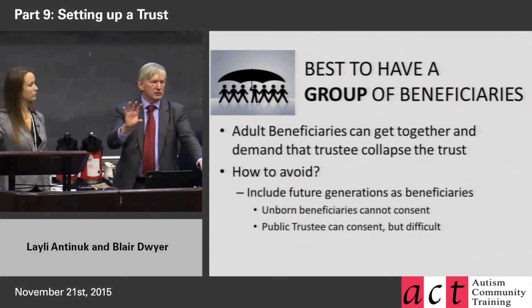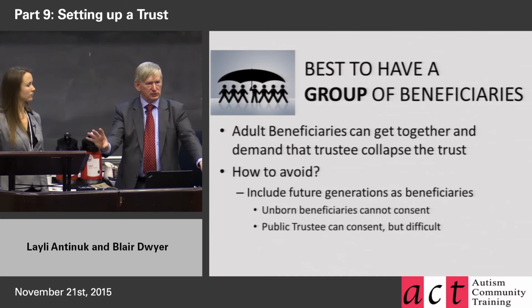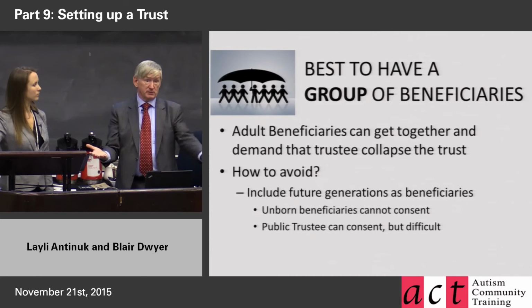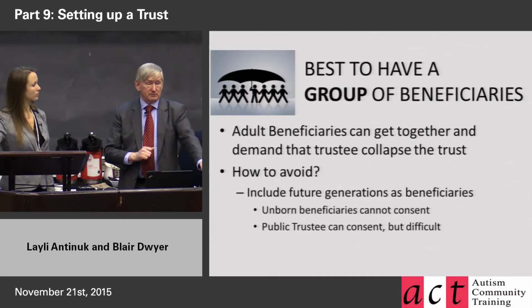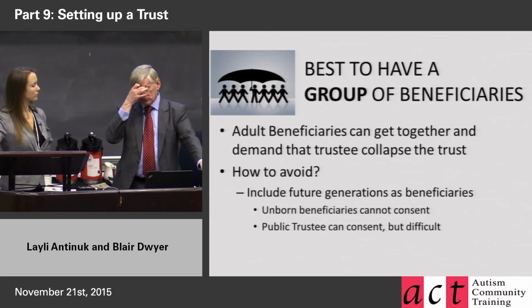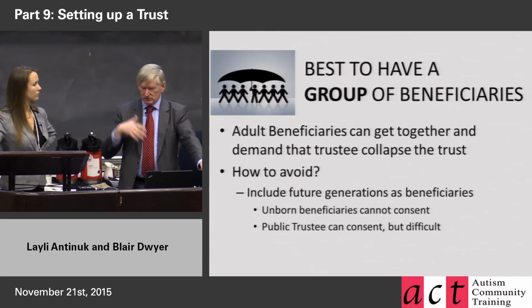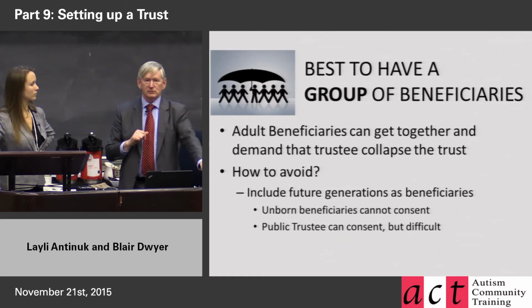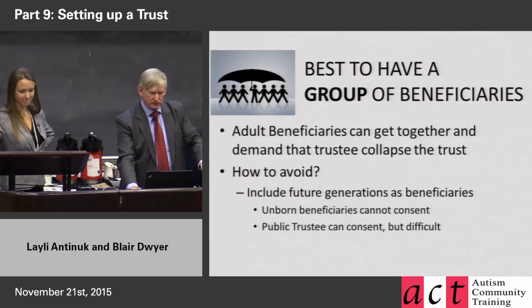If you want to set up a trust, especially for a child who you don't want that child to be able to collapse the trust, you say child and his or her descendants, because there's always a possibility of descendants. Even if it's a woman and she's past childbearing age, the law says you can have children when you're 82. So you always have a wide group of people. Future generations are useful.